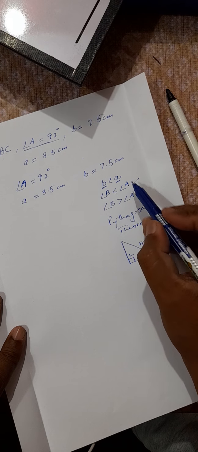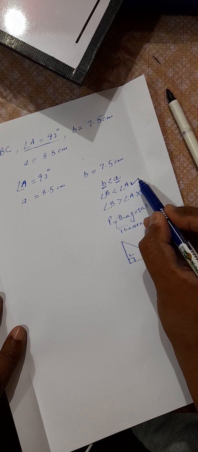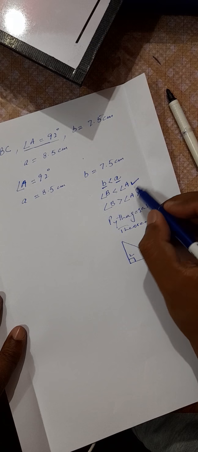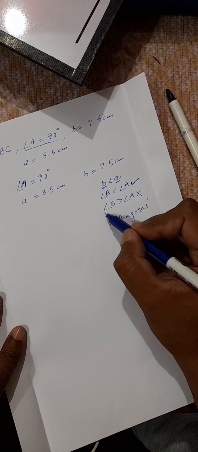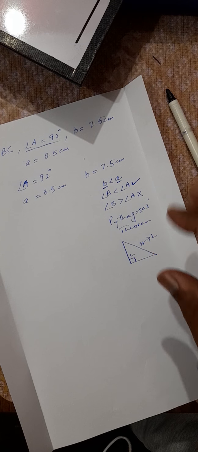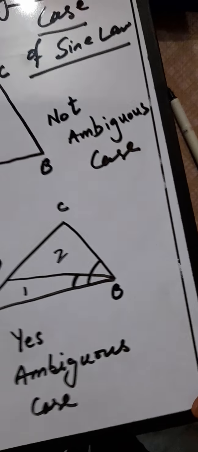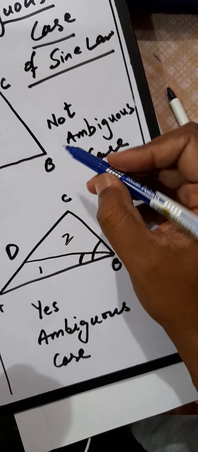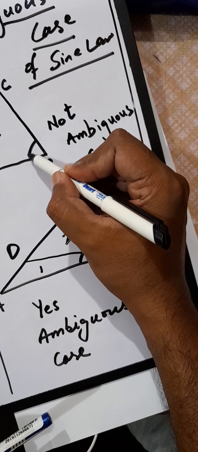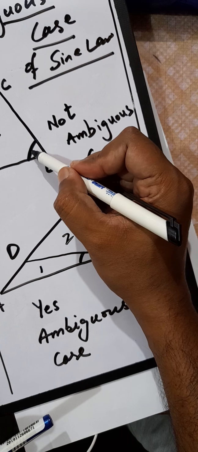Okay, so if we have only one possible angle, it means that this case will not be an ambiguous case. We can only construct one triangle, because we are getting only one angle B, and it is not ambiguous.